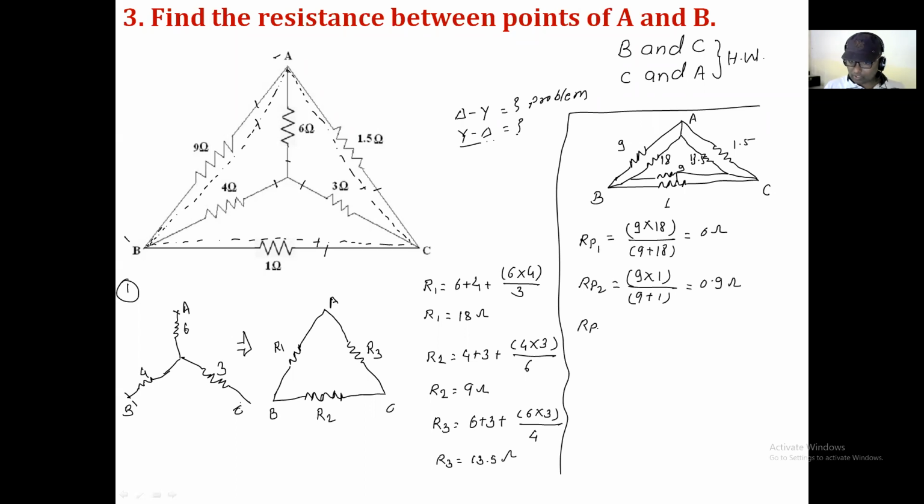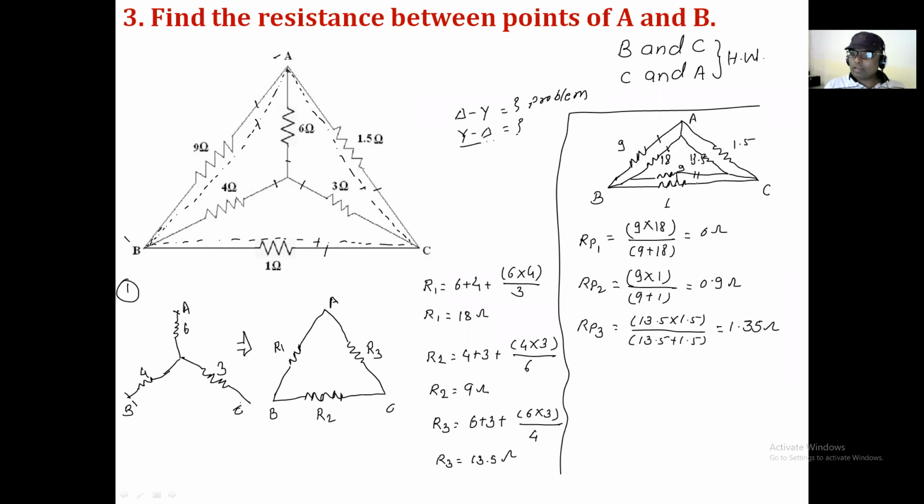And then RP3 is equal to the product of the two resistances, 13.5 multiplied by 1.5, divided by the summation of the two resistances, 13.5 plus 1.5, which is equal to 1.35 ohm. Okay.